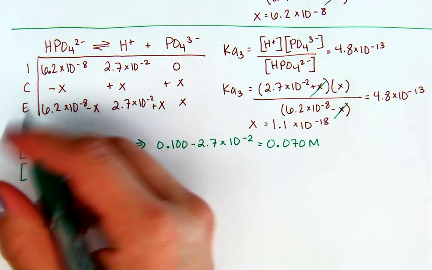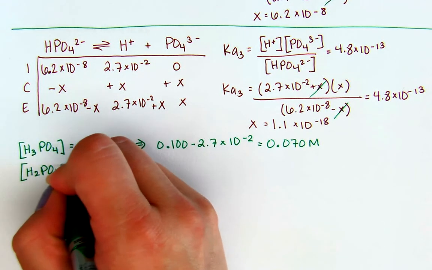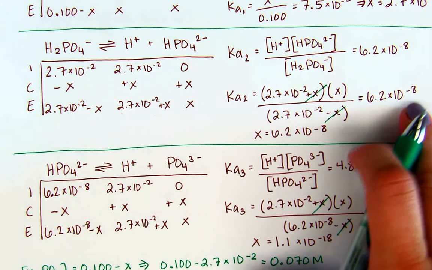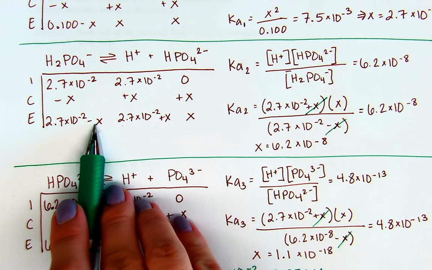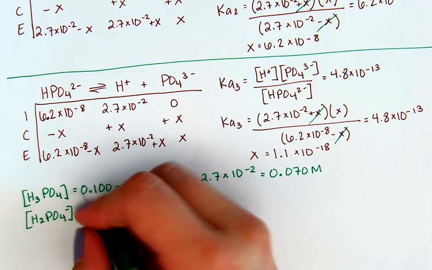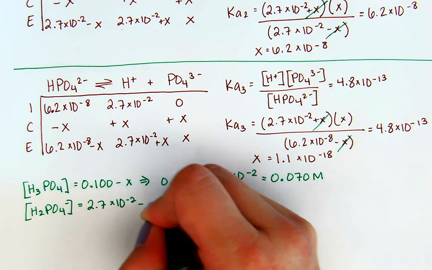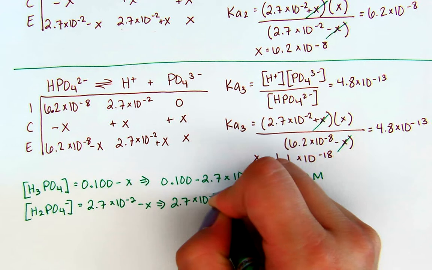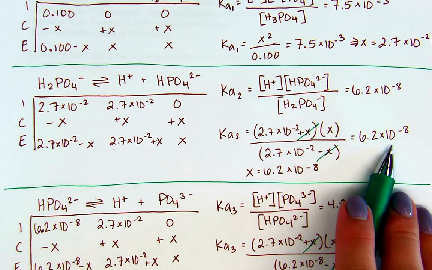Let's look now at the next species, H2PO4 minus. At the end here, H2PO4 minus was 2.7 times 10 to the negative 2 minus x. What was our x there? 6.2 times 10 to the negative 8.